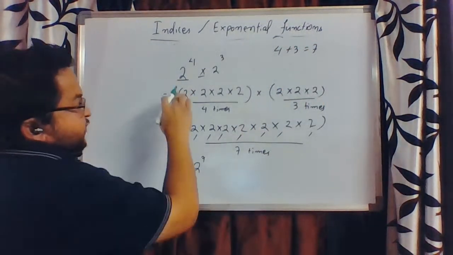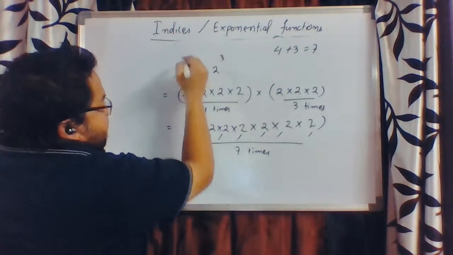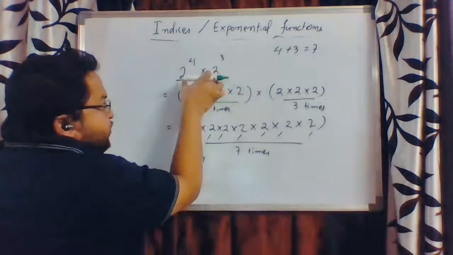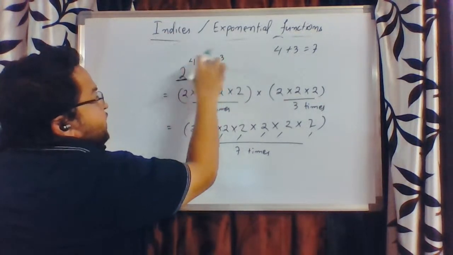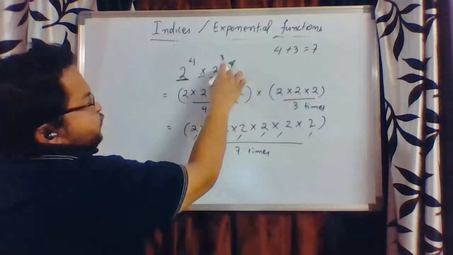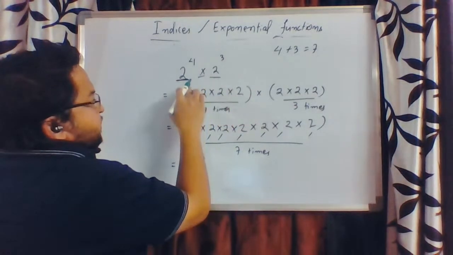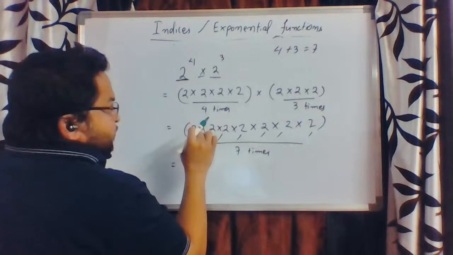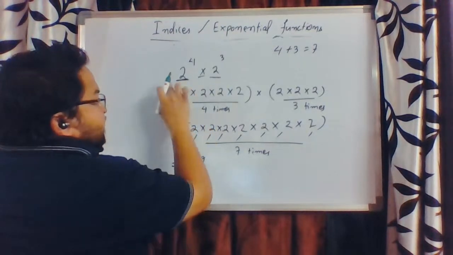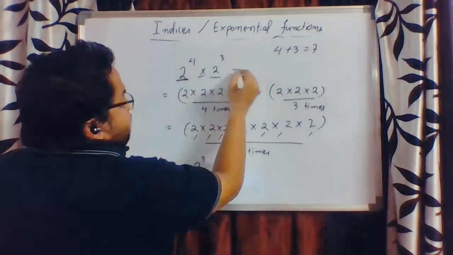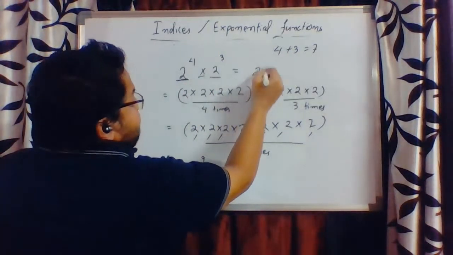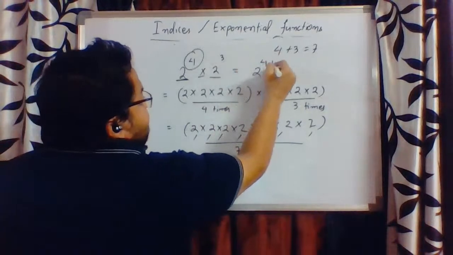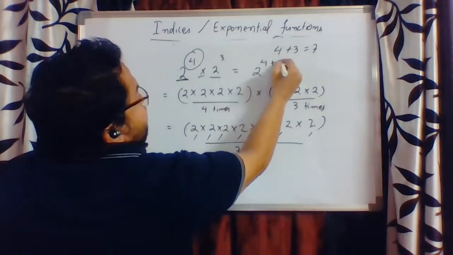So if you see 2 to the power something into 2 to the power something else, when you have the base same and indices could be same, could be different, doesn't matter. When the base is same and they are raised to different powers or different indices, they are multiplied together. So the answer would be 2 to the power index of the first one plus index of the second one.